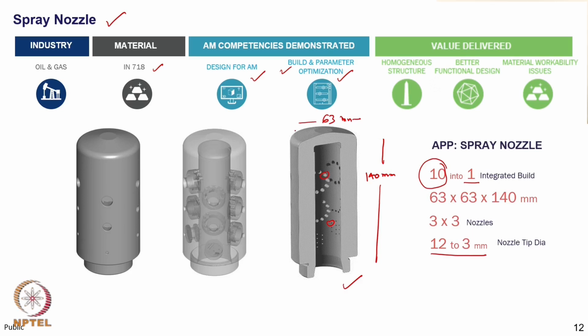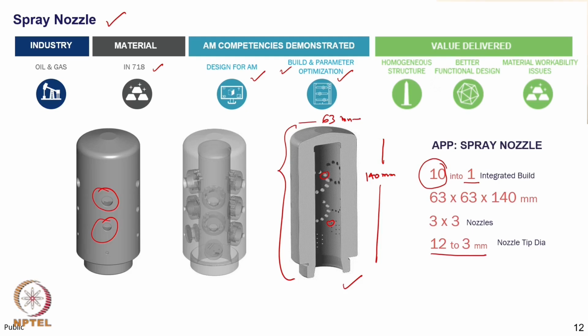We have a homogeneous structure. In case of casting, depending upon what is the geometry around which there is liquid metal flow, the properties may change. However, in this case everything was built using additive manufacturing. The properties and the structure specifically of the build was homogeneous.